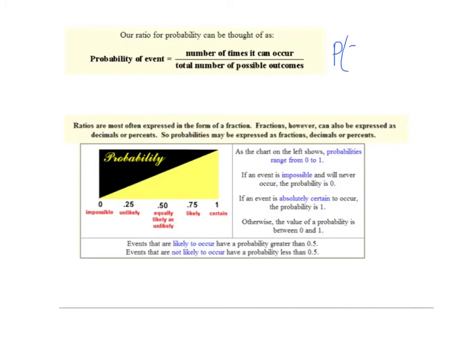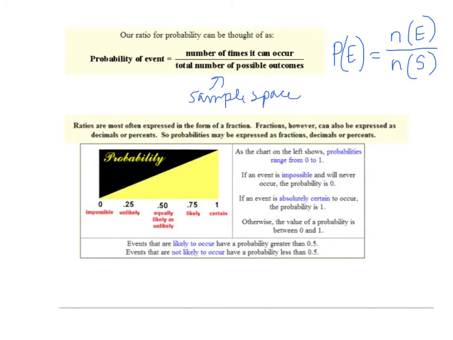The probability of an event occurring is equal to the number of times that event could occur out of the entire sample space. So this part down here is called the sample space. So the probability of the event is the number of events over the sample space.